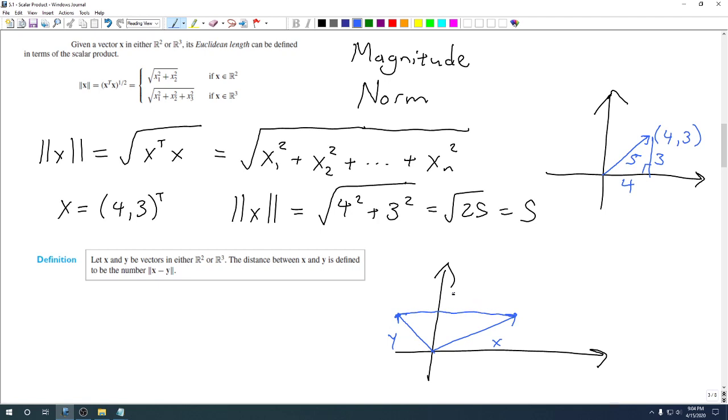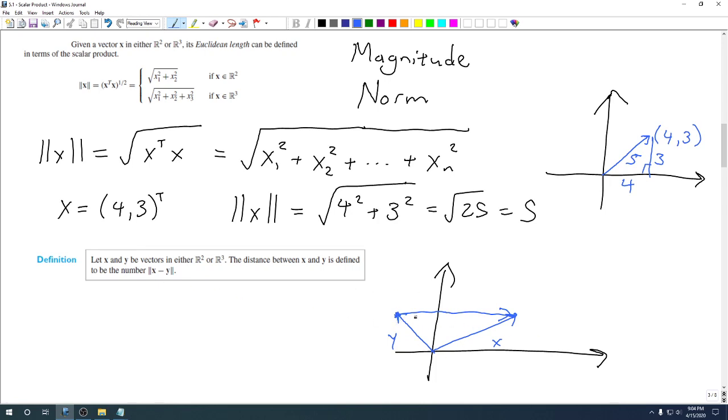Well, we can find that distance by thinking about this line up here as being another vector. If we take x minus y, we get this line up here. Specifically, we want the line that starts at the endpoint of y and ends up at the endpoint of x. Because if we take y plus x minus y, we should get x.